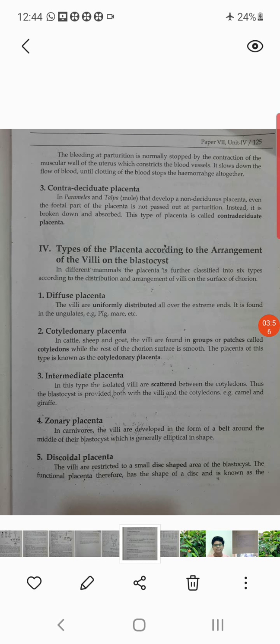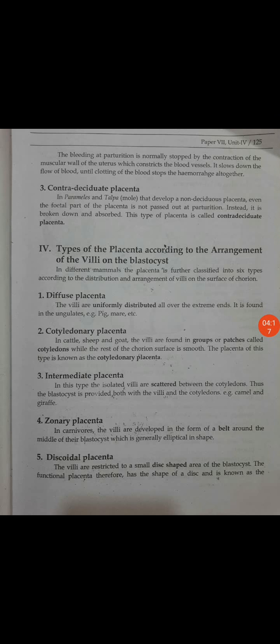Now, the third one, the contradeciduous placenta. In paramales and talpa that develop a non-deciduous placenta, even the fetal part of the placenta is not passed out at parturition; instead it is broken down and absorbed. This type is called the contradeciduous placenta.